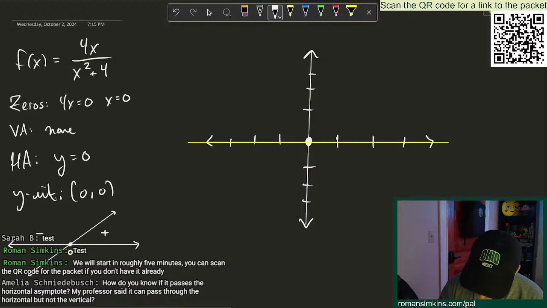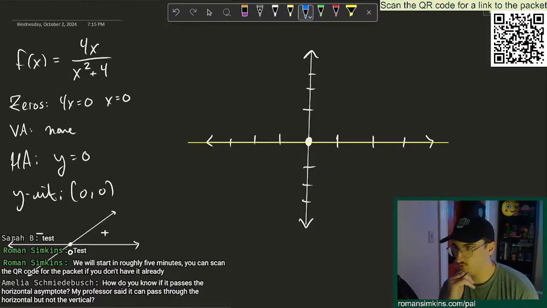So now I'll draw the function blue. We want to follow the rule of the sign diagram while playing nicely with the horizontal asymptote. Now, as Amelia in the chat just mentioned, we can sometimes cross the horizontal asymptote, and that's okay. The behavior we're concerned about happens at infinity, not necessarily locally.